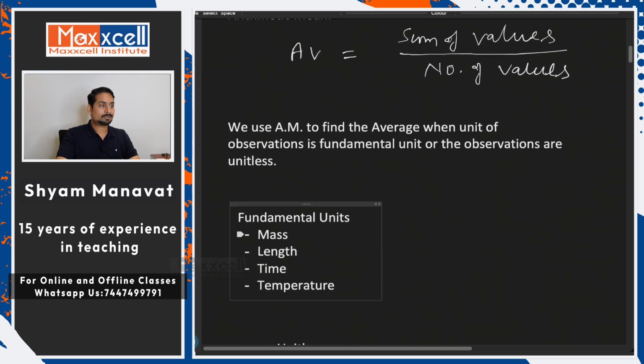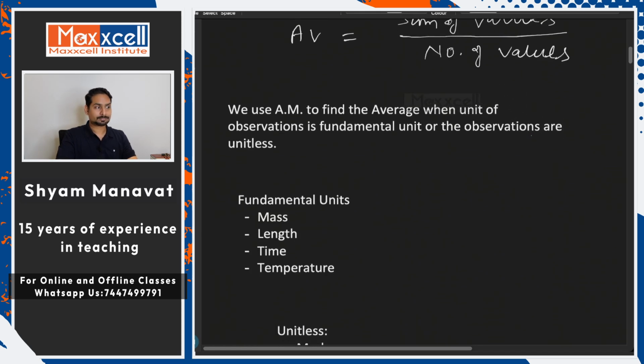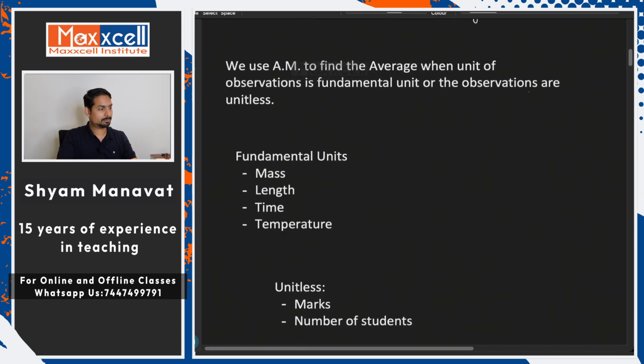We use arithmetic mean to find the average when the unit of the observations is a fundamental unit, or the observations are unitless. Now, what are fundamental units? Fundamental units are mass, that means weight, gram, kilogram, pounds; length, distance, height, which is in centimeter, meter, feet, inches.